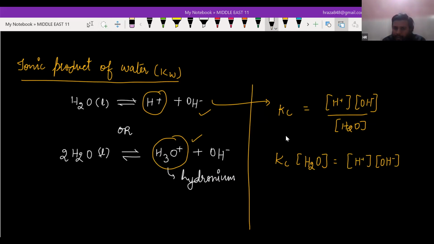Now you can see that I can multiply Kc into H2O, that will be equal to H plus OH minus, and this Kc into H2O is basically the ionic product of water, Kw.